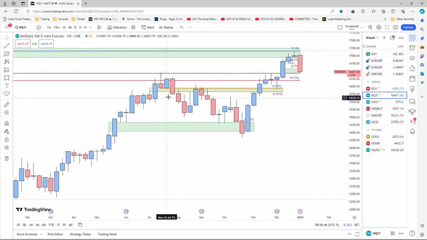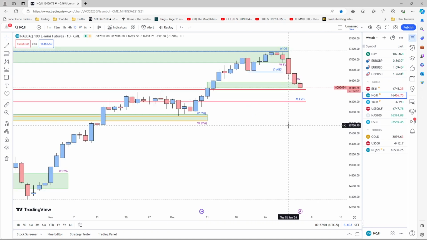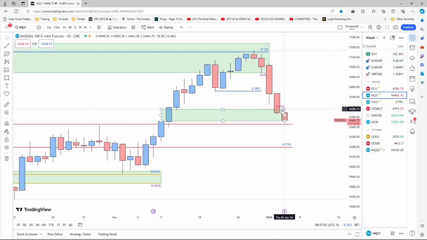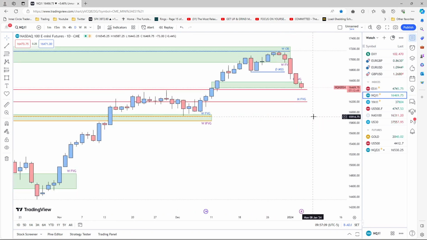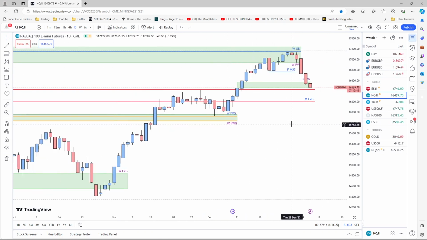And quickly moving back down, these were inversion levels. There's the inversion level, and then we had a fair value gap level as well in there. This was a daily fair value gap, just by the way. And we're looking at how this one closes now. But NAS was the first chart to give me this bullish stance.